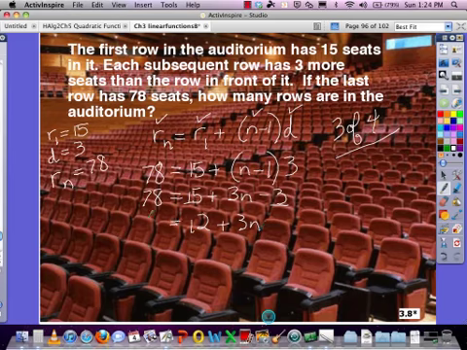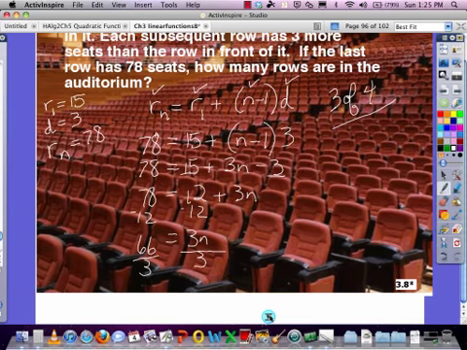Now we can start looking and say, wait a minute, we got 78 over there. Let's move this 12 over with a subtract 12. When we do that, you can see we get 66 equals 3n. You know what to do from there. Divide by 3, and n equals 22.